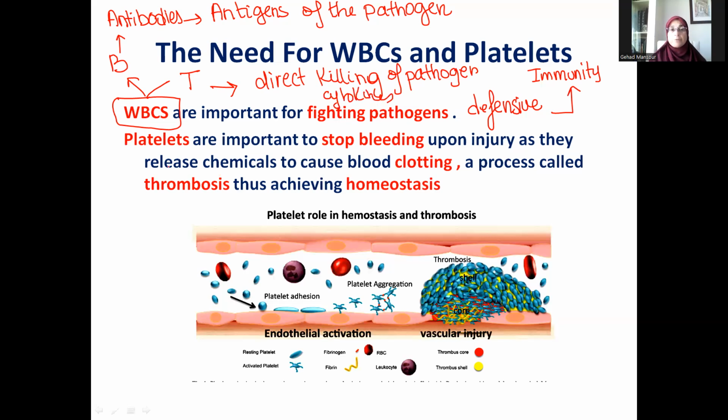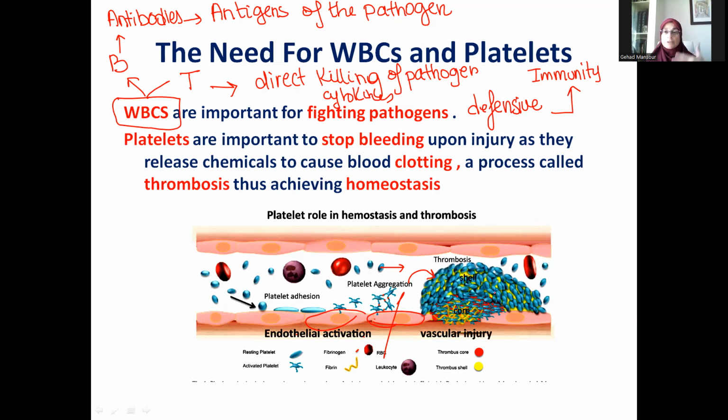On the other hand, we have the platelets, as we said before, and the platelets are fragments of cells. And when you have a kind of injury, vascular injury, there is activation of the endothelium, activation of the inner cells because they are cut. So when they are cut, there are chemicals, and those chemicals result in aggregation or gathering of the platelets together, as you see.